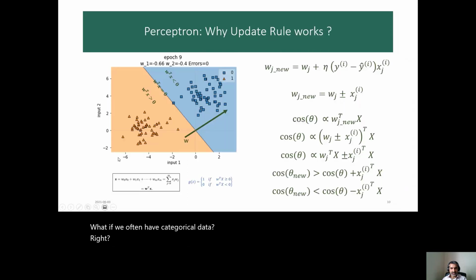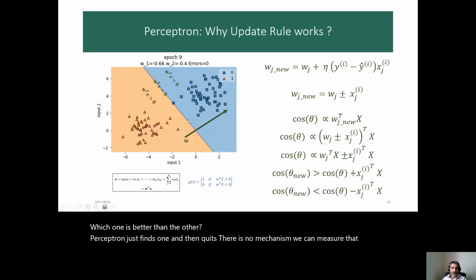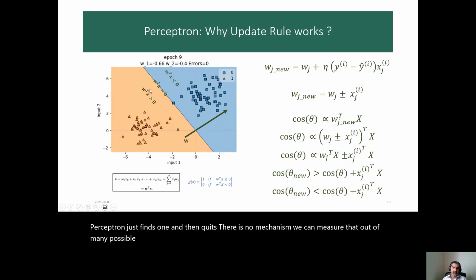As you can imagine, between these two classes you can draw many interesting lines. Which one is better than the other? The perceptron just finds one and then quits. There is no mechanism to measure whether, out of many possible lines, the one found by the perceptron is the best one.